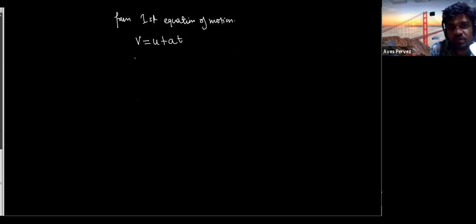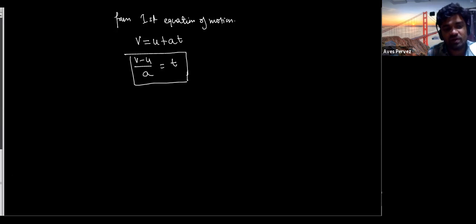The value of t will be (v minus u) upon a is equal to t. Okay, this is the value of t, and putting this value in the previous equation, you can easily find out the value. So we have s is equal to half into (v plus u) into t.